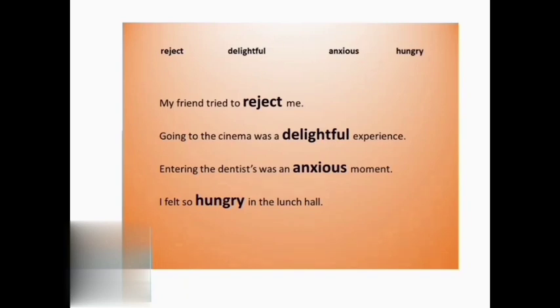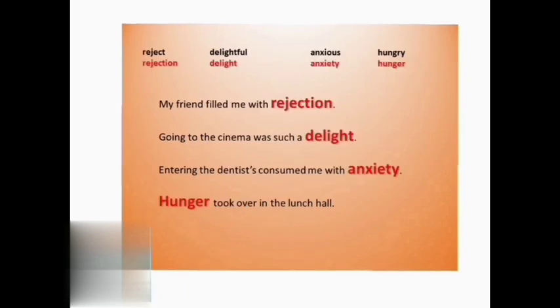Of course, reject is a verb. Delightful, anxious, and hungry are all adjectives. Of course, they describe nouns or pronouns. My friend tried to reject me. Going to the cinema was delightful. Entering the dentist was an anxious moment. I felt so hungry, and so on.